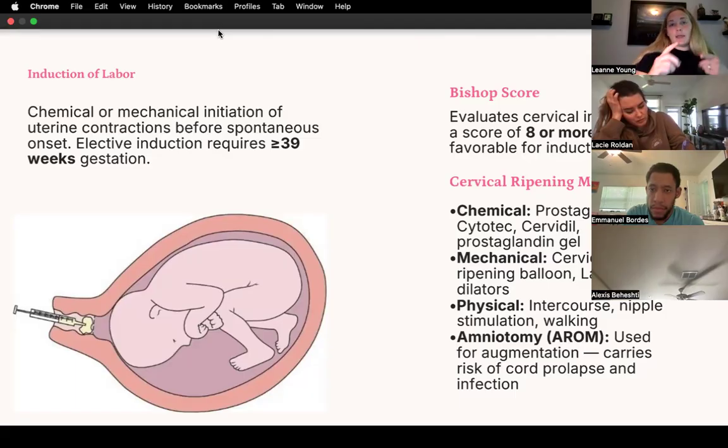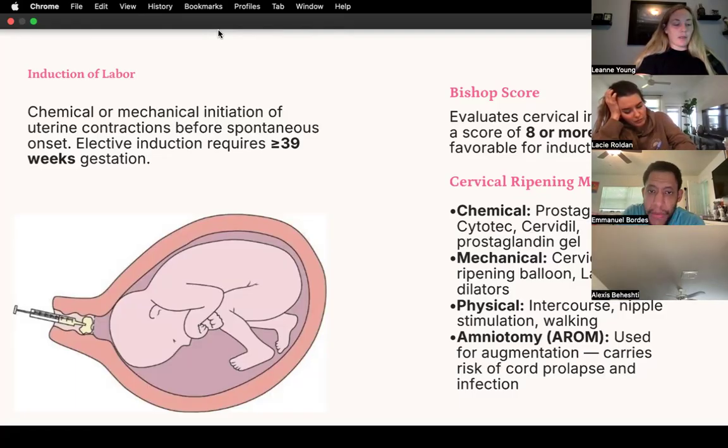Okay. So, it's looking at, is the cervix soft? Is the baby's head down? Is the cervix dilated? Let me pull up an actual example here. I don't think you guys, for the purpose of your exam, need to know exactly all of the different categories, but I want to tell you what we are looking at.